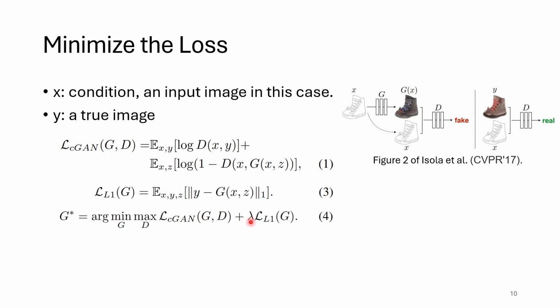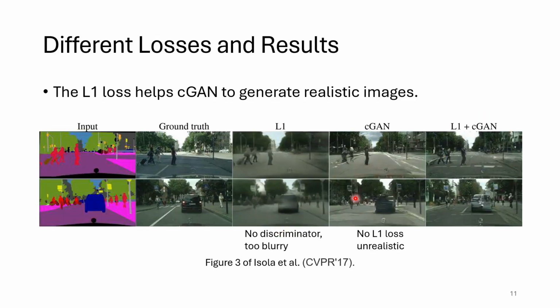If we just set a very large lambda, what does it mean? It means let's ignore the adversarial loss and just pay attention to the L1 loss. What will be the result? Like this one. Yes, something that looks like the ground truth in terms of the L1 loss.